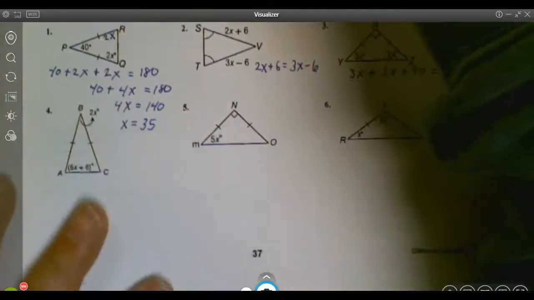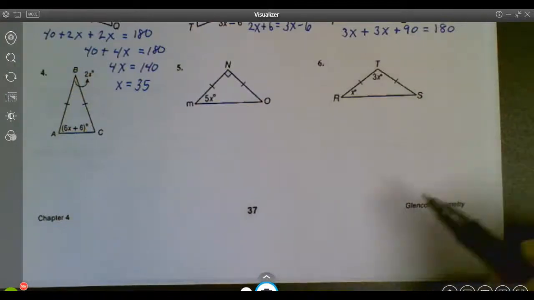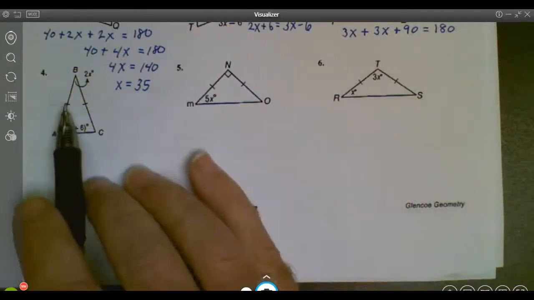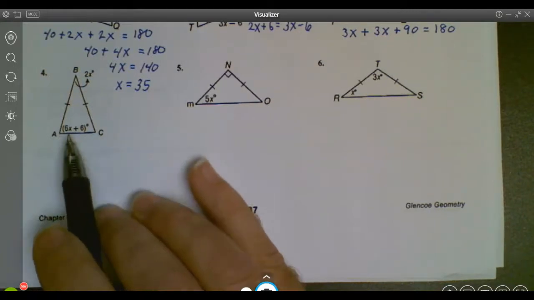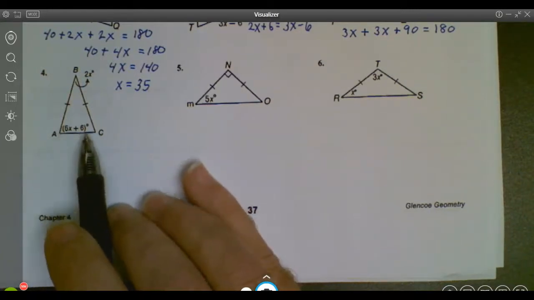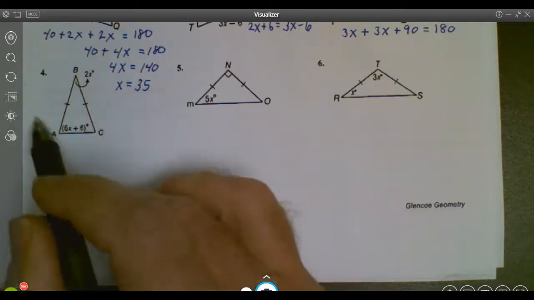All right, let's go down to number 4. So real similar to the one that we just did. Again, if these two sides are congruent, that means these two angles are congruent. So if that is 6x plus 6, then so is that. And I know that all 3 of these add to 180.